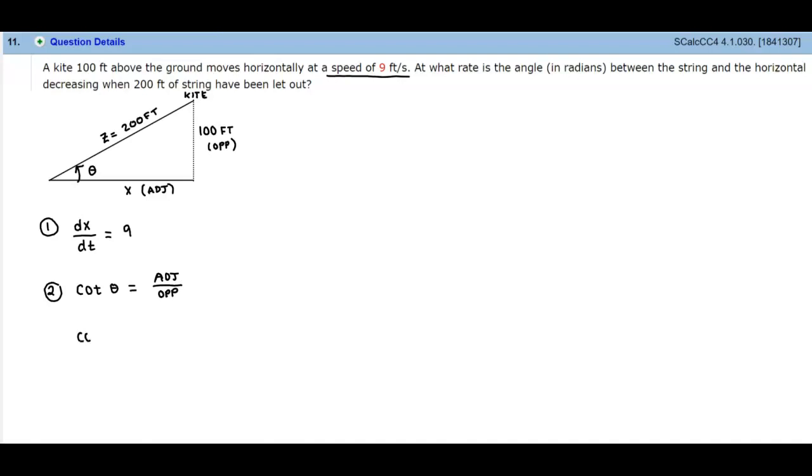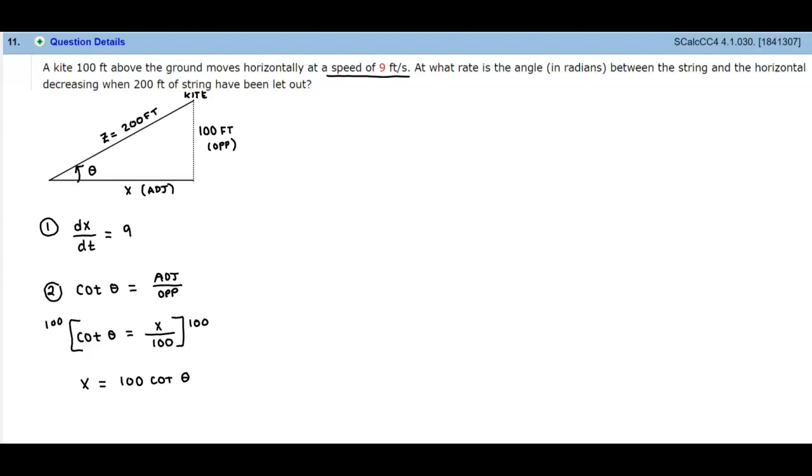Therefore the cotangent of theta is going to equal X over 100. Okay, so let's solve for X. We multiply both sides by 100, and then X is going to equal 100 times the cotangent of theta.